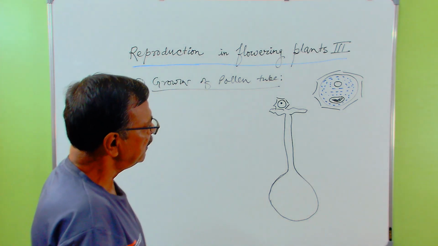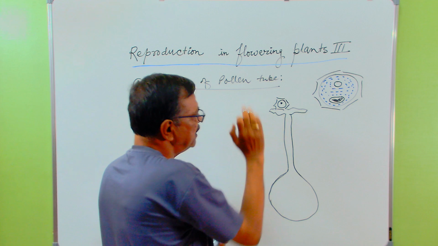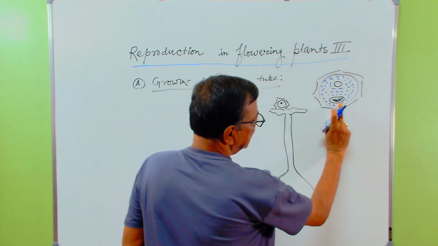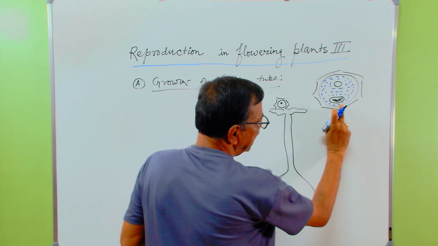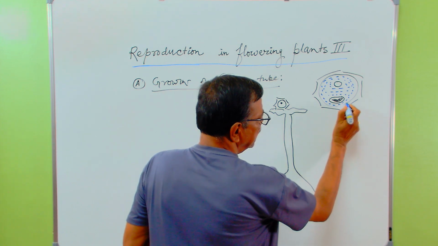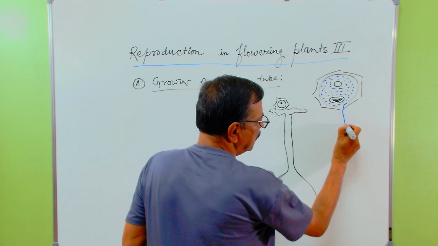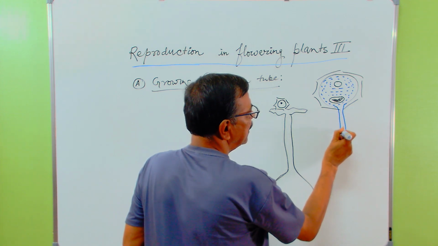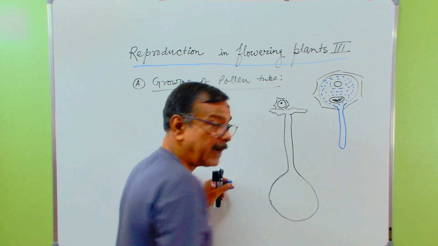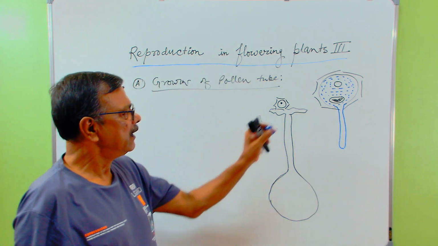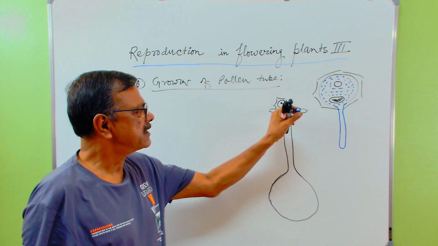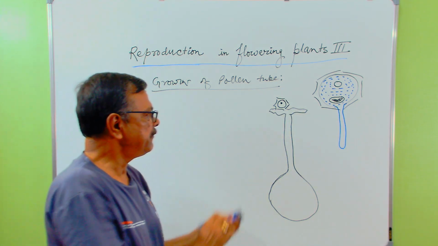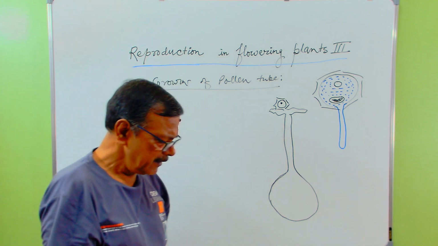Now, when this pollen grain falls on the stigma, a small outgrowth, that is, this intine protrudes. It is a cytoplasmic outgrowth. This protrudes outside as and when it reaches the stigma.